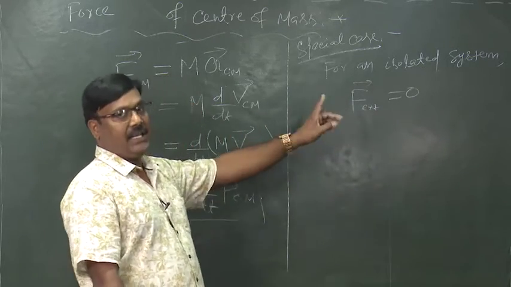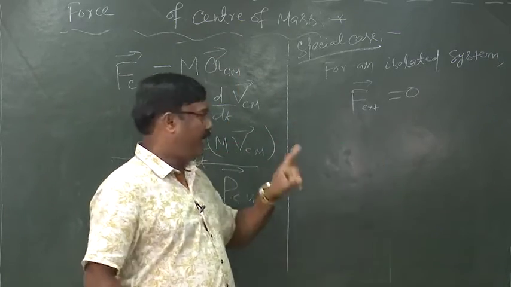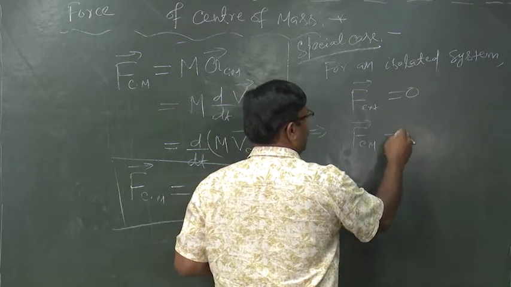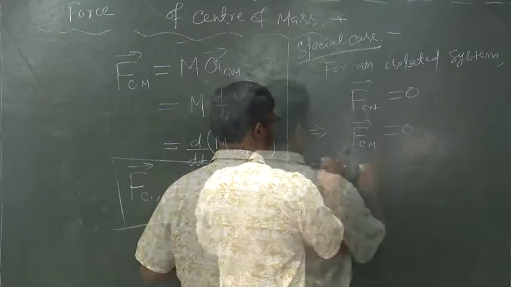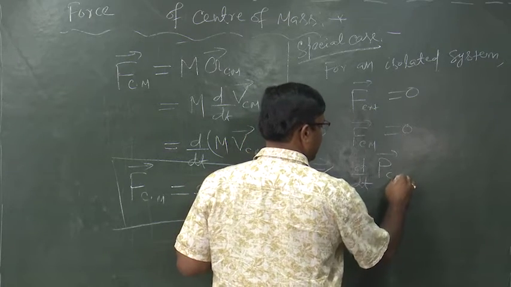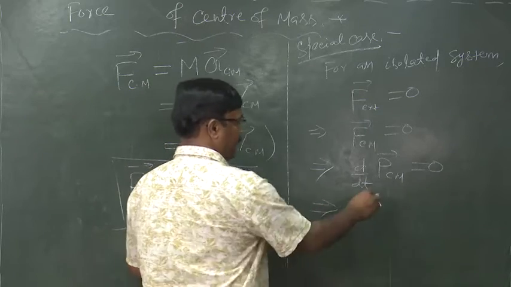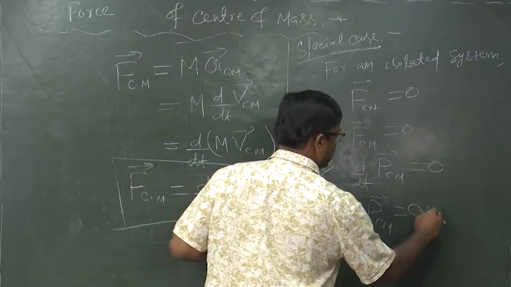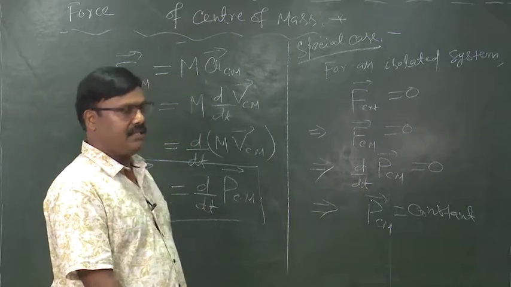So, as F external acting on the system is 0, hence F center of mass will also be equal to 0, which implies d by dt of P center of mass will be equal to 0, which implies P center of mass will be constant, because we know that the time derivative of a constant is 0.